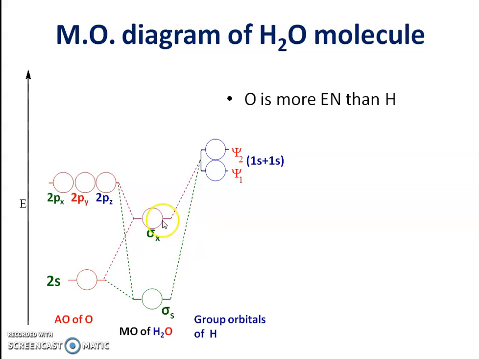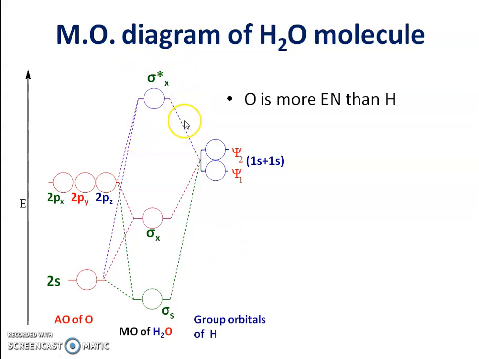It has higher energy than sigma s, and at the time of formation of sigma x, between 2s and 2px there is an out of phase combination, and between 2px and psi 1 there is an in phase combination, and the energy of sigma x bonding molecular orbital is higher than sigma s.